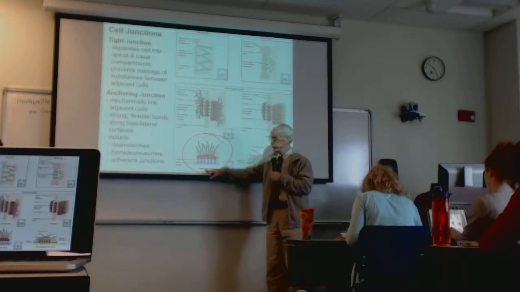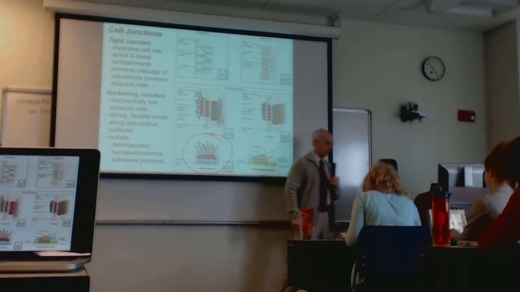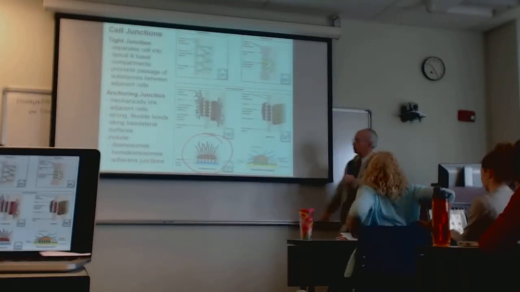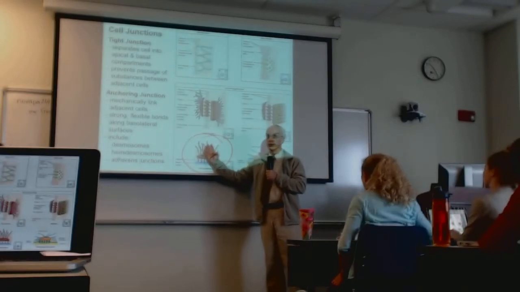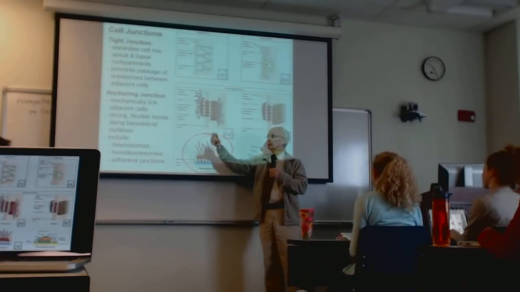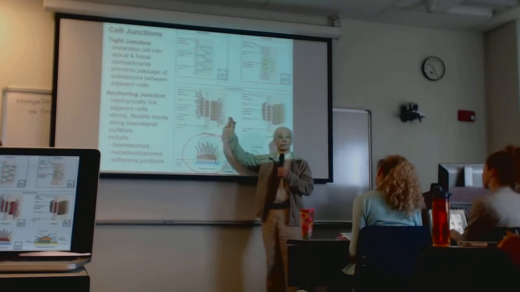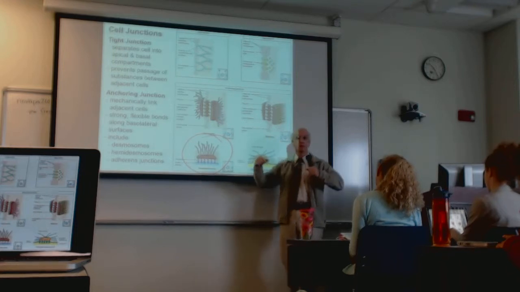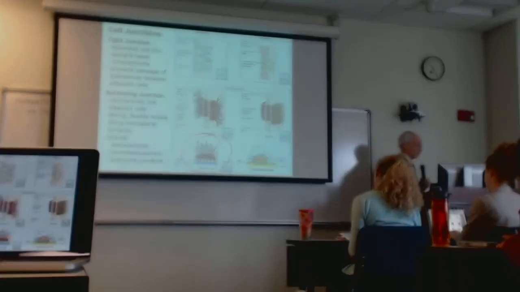So it's only half a desmosome, right? That's the logic there. Otherwise, the hemidesmosome is still attached to the intercellular keratin filaments or intermediate filaments. In the skin, the intermediate filaments are keratin filaments. That's what gives your nails and hair and your skin the strength that it has or doesn't have.